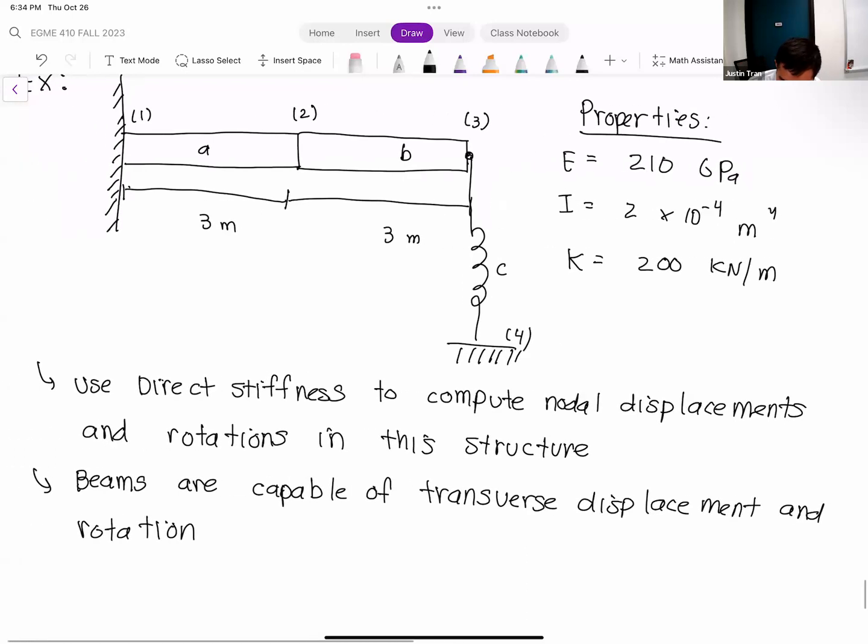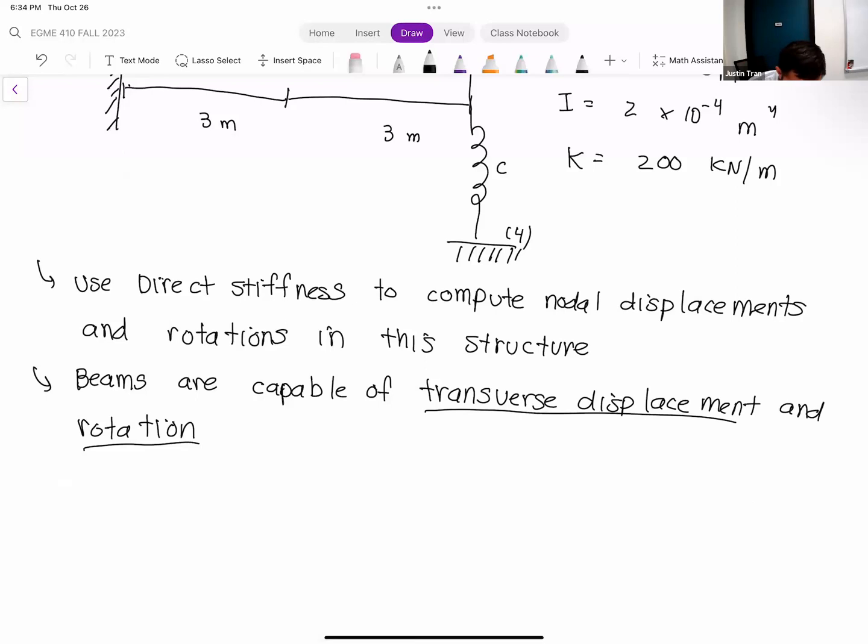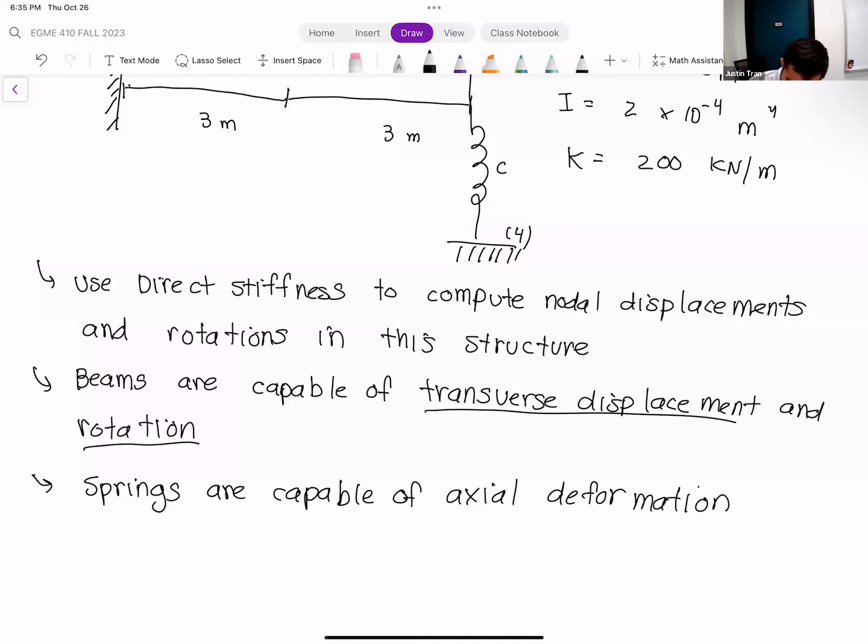What beams are not capable of is axial displacement, okay? But that's what a spring does. A spring is capable of axial deformation.